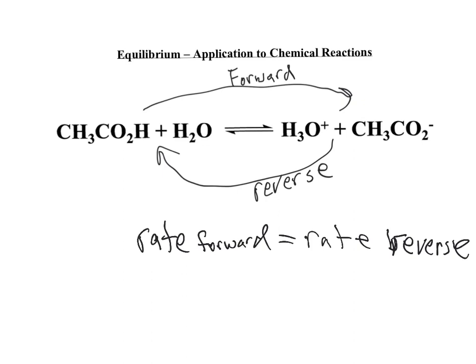Unless this condition is satisfied, you will not have reached equilibrium. So that's the key take-home message here. Equilibrium's reached when the rate in the forward direction equals the rate in the back direction. And that's when we say equilibrium's formed.